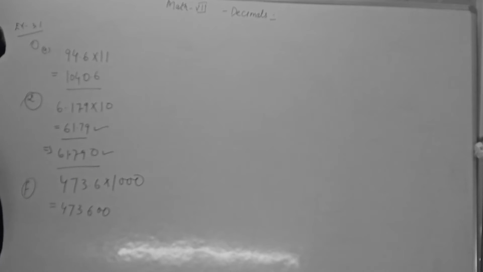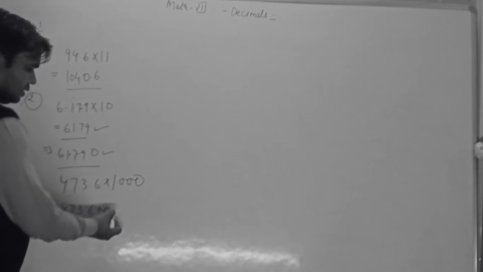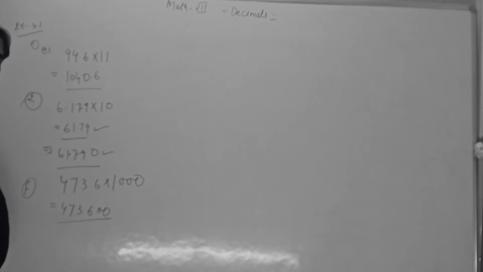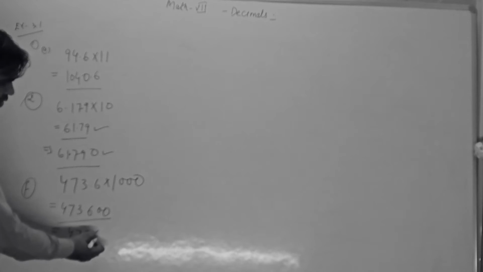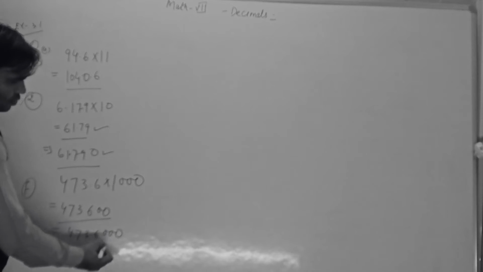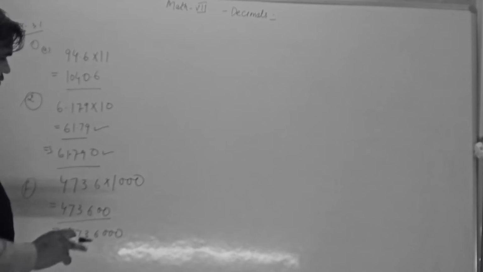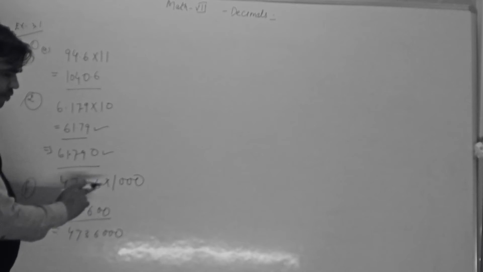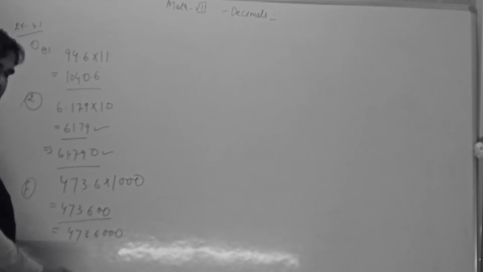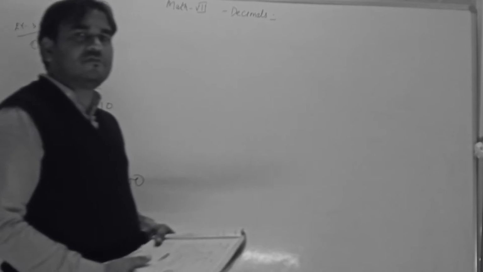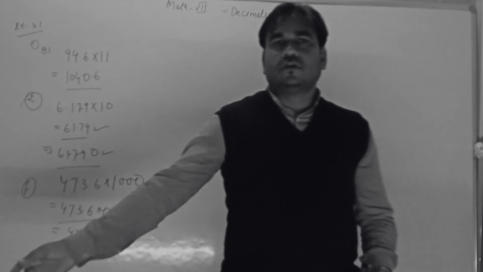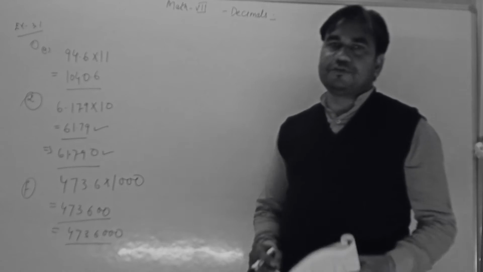After that you can write, this is the answer, and otherwise you can write 473,600, and after writing this multiplication we have to put the decimal, so we can put it here. After that we also write this number like this, so we can multiply it by changing the place of the decimal.